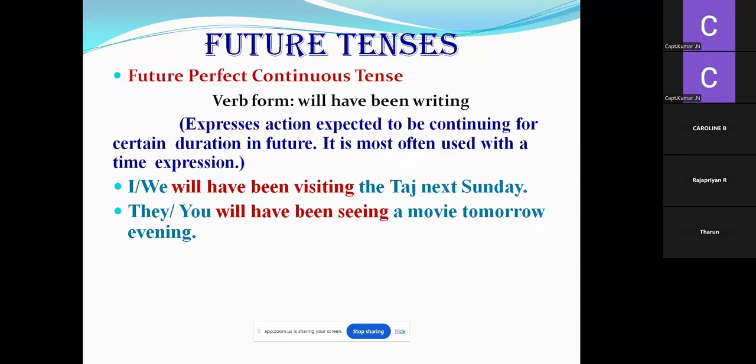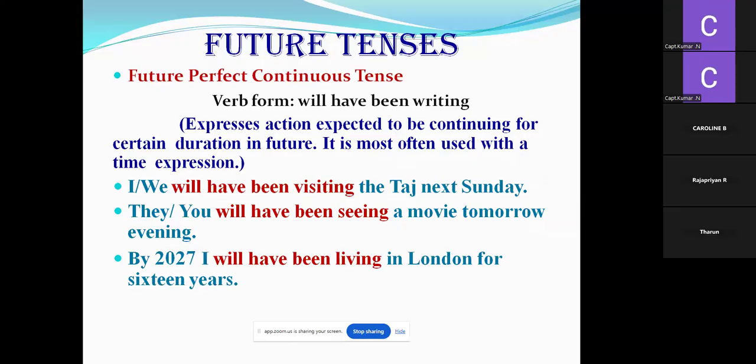You will have been seeing a movie tomorrow evening. So a movie means it will go on for a certain duration of time. So tomorrow evening, this work will be going on for a certain duration. By 2027, I will have been living in London for 16 years.